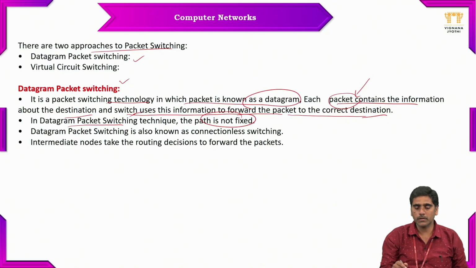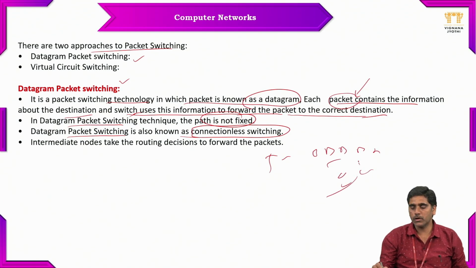The datagrams are always roaming in a non-fixed manner, so their path is not fixed at all. Datagram packet switching is also known as connectionless switching, because all the datagrams move around and there is no dedicated path.